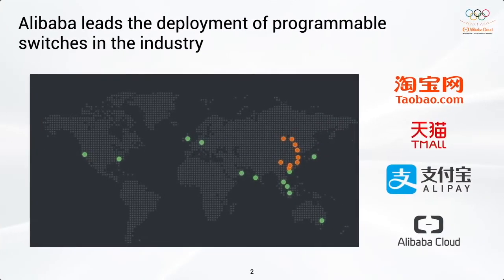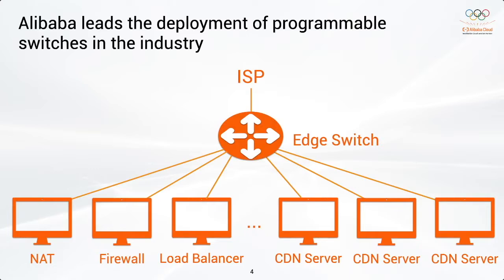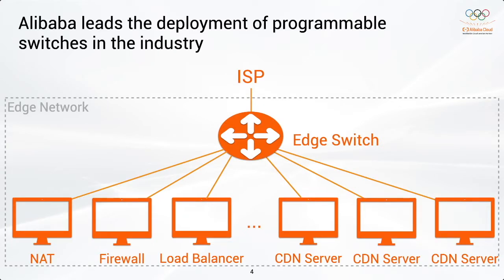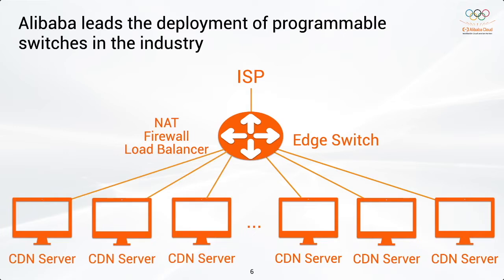As a prominent online service provider, Alibaba operates a global network infrastructure serving over 1 billion customers. As services today are constantly evolving in size, it's becoming increasingly difficult for edge networks to handle the ever-growing traffic due to resource constraints. This prompted us to offload a group of network functions from servers to save CPU resources and get better performance.